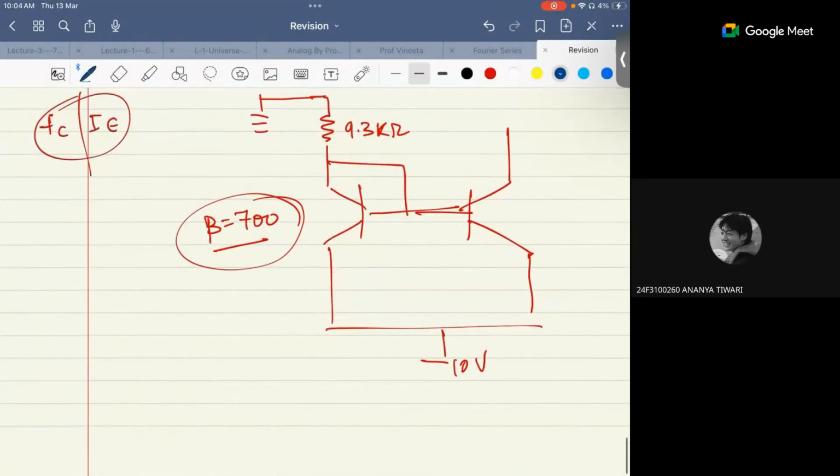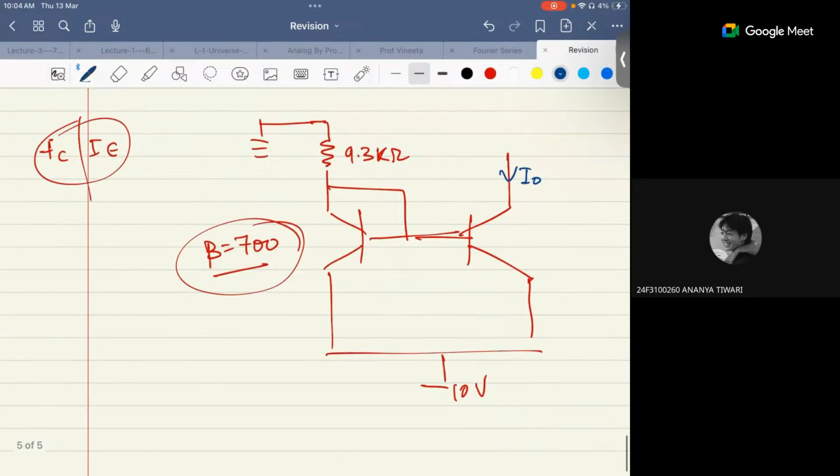So here also a similar problem you can just think of. You have been asked to calculate the I current. 0.78 milliampere? For this question, yes, sir. How much you said? I guess 0.78 milliampere.